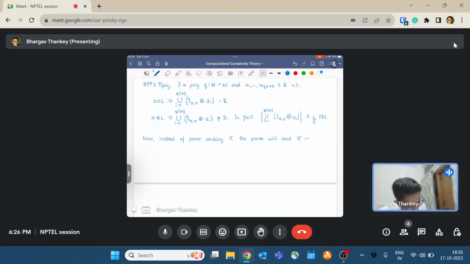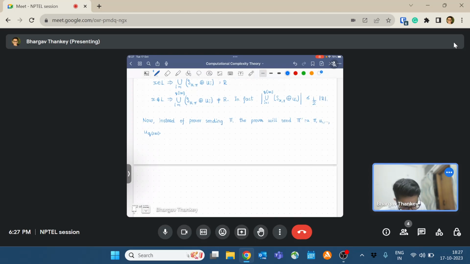So the prover sends pi along with u1 to uq(|x|), and the verifier has to verify that this happens. This verification is also going to be the same as it was in the proof of BPP in NP/poly.